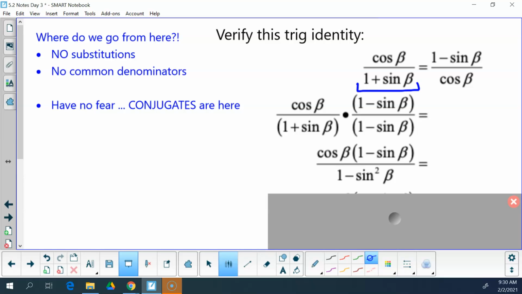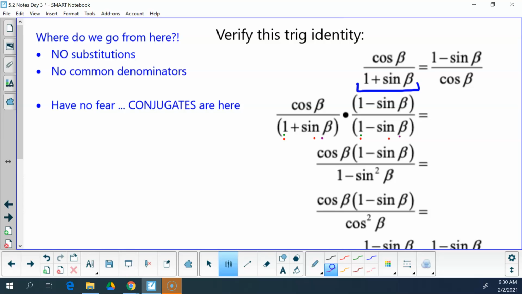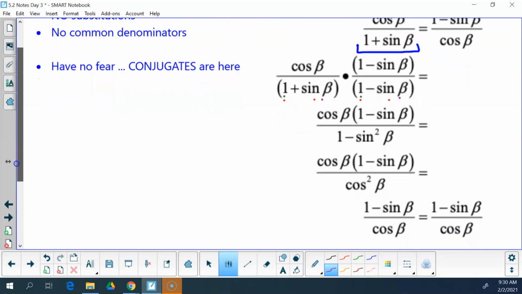The 1 comes from those two being multiplied, and then this one cancels out this one, and then that one gives me the minus sine squared. 1 minus sine squared is cosine squared, and then we can factor out a cosine off of top and bottom.